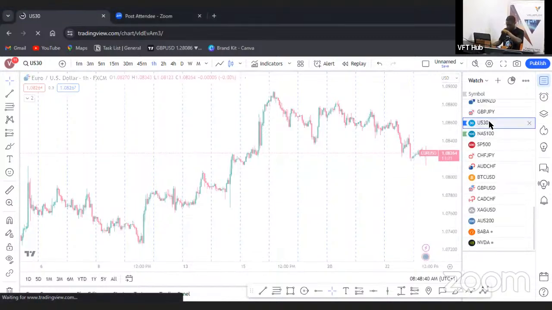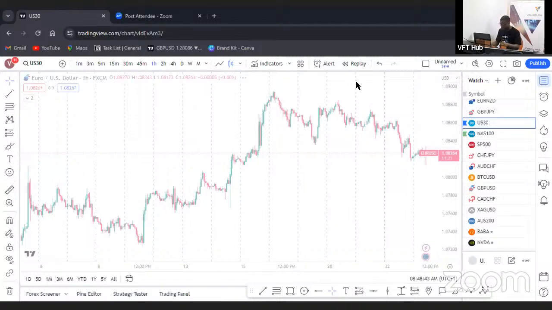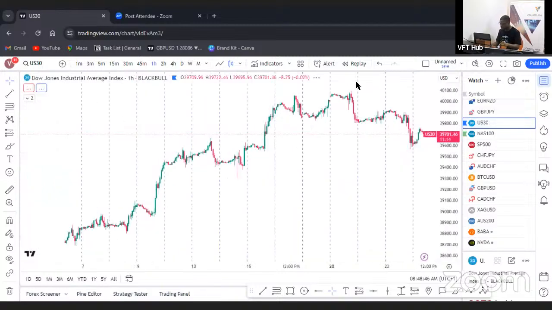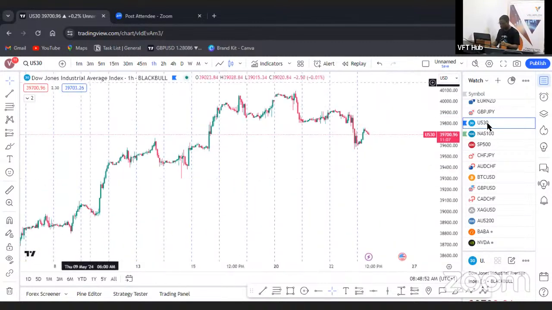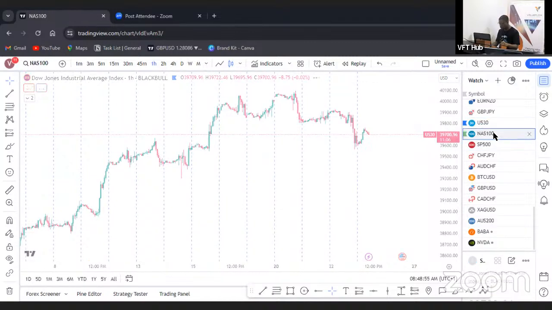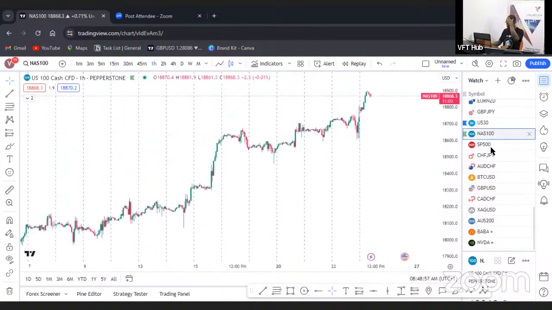We saw US 30 sold massively, while the opposite happened on NAS 100 yesterday. So on NAS 100, I caught a buy trade, both on US 30 and NAS 100. However, for NAS 100, it was very clear, very obvious.